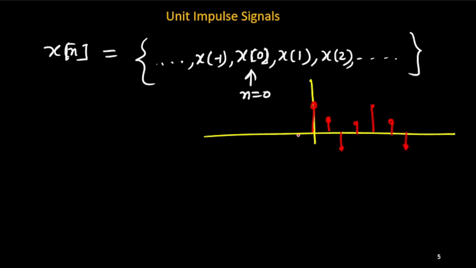Some things randomly I am considering. So this is at 0 instant. This height is nothing but x of 0, and this at 1, this is nothing but x of 1. Okay, and this height is nothing but x of minus 1. So those are the samples, and this side, this is your n, and we are plotting x of n.